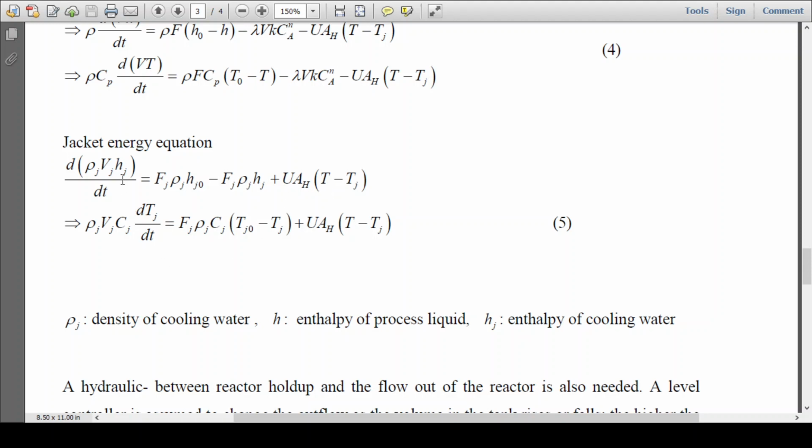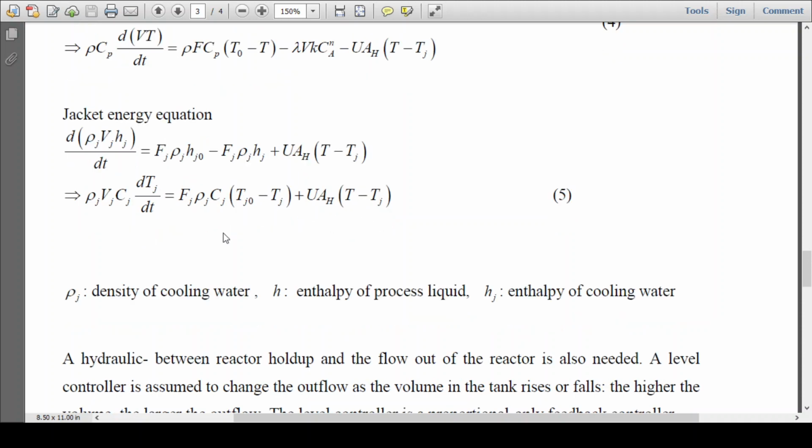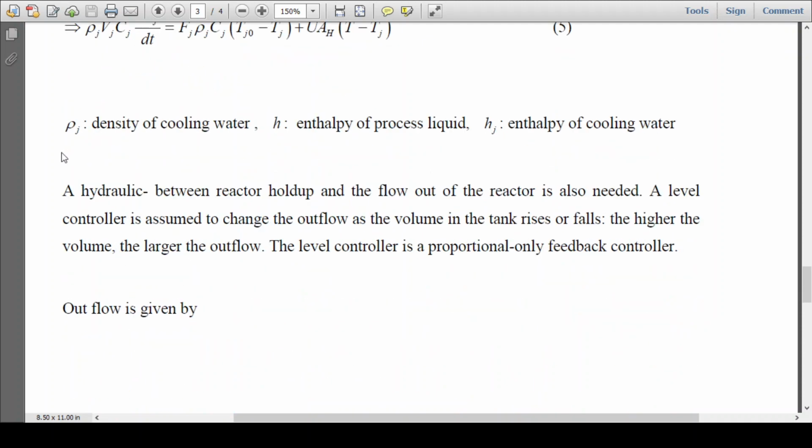Here H can be substituted as C times T. So you have rho Vj Cj dTj/dt equals Fj rho j Cj (Tj0 minus Tj) plus U A (T minus Tj). Here rho j is the density of cooling water, H is the enthalpy of process liquid, and Hj is the enthalpy of cooling water.